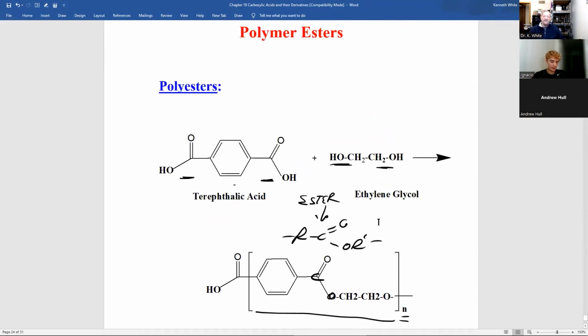So why are you learning these things? Why learn about esters? They're in your everyday life. Got you there, didn't I? I bet you didn't realize this is organic chemistry. Not the water inside, that's inorganic, but the material, this is a polyester.